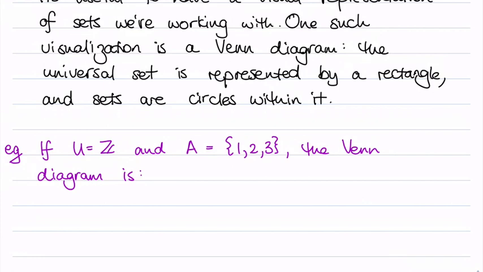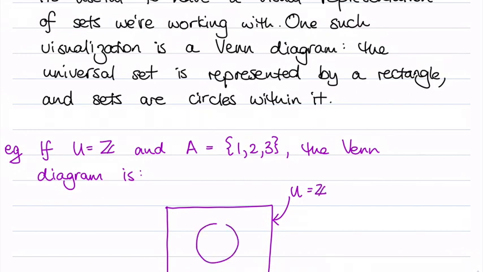So if, for example, our universal set is the integers, and the set we're interested in is {1, 2, 3}, then our Venn diagram would look something like this. Here's a rectangle representing our universe, which is integers. And then we'd put a circle inside, which we label A, and we can put the elements 1, 2, and 3.